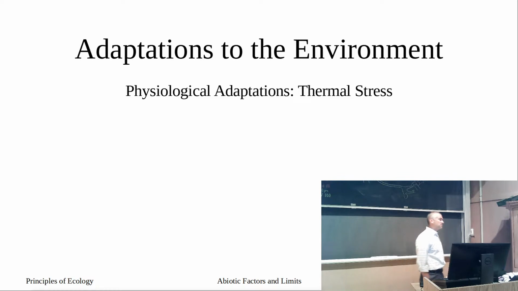So, physiological adaptations. We're going to break this up. We'll do thermal stress and we'll do water stress after. With the water stress, we'll split it up between the animals and plants because we've got different things to talk about.